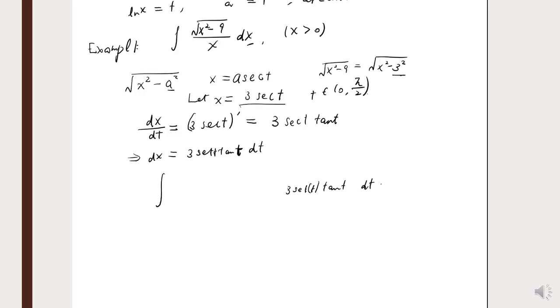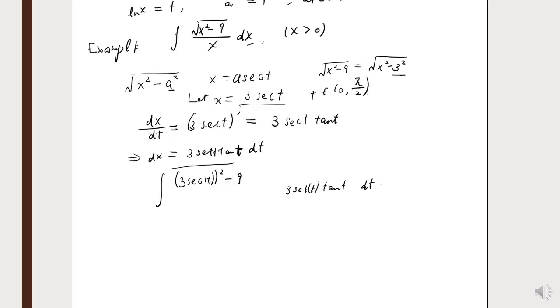So what about the original integration formula, the function expression like this, right? We have to substitute x by a sec t. We have to square it and then minus 9, and a here is actually 3.